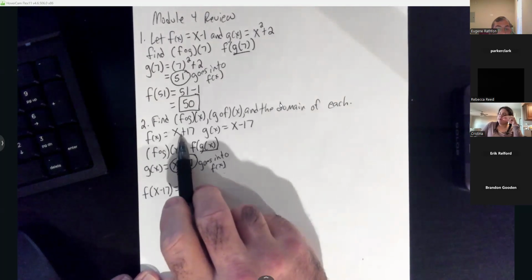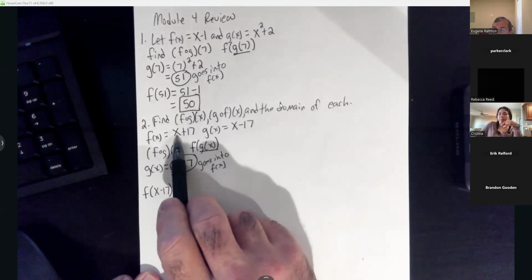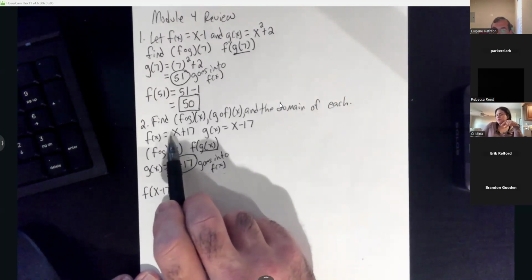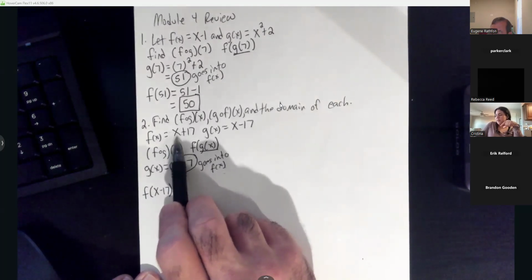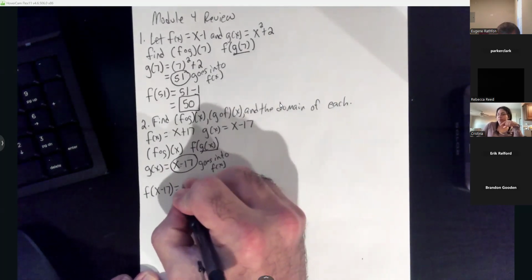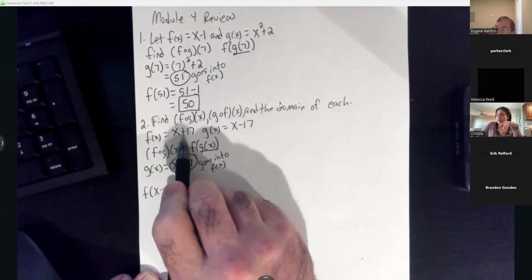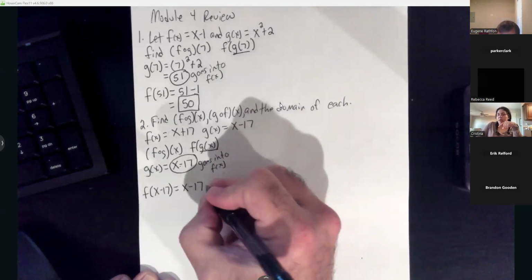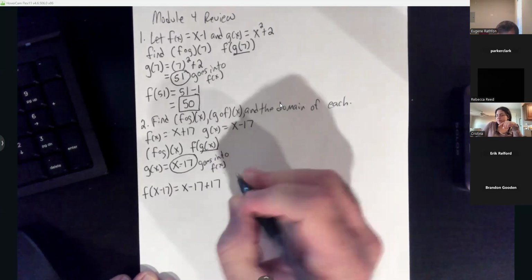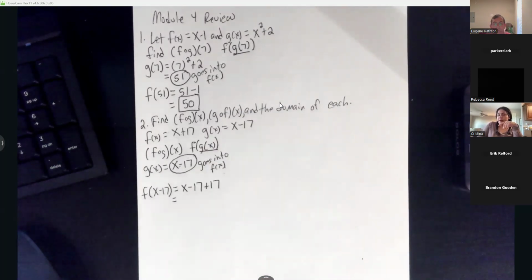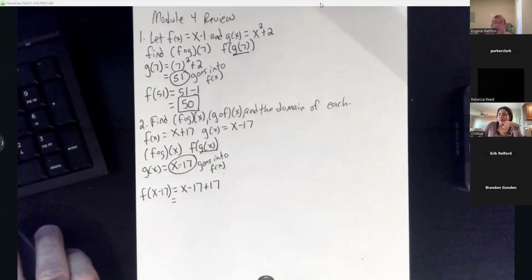So we will take our f equation, and in place of this x, I'm going to put x minus 17. So I'm going to have x minus 17, and then I still have a plus 17. So the question would be, can we simplify that at all?